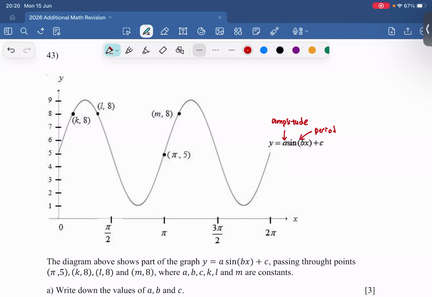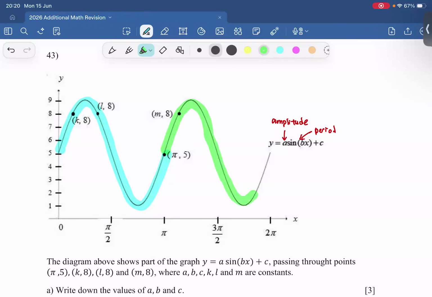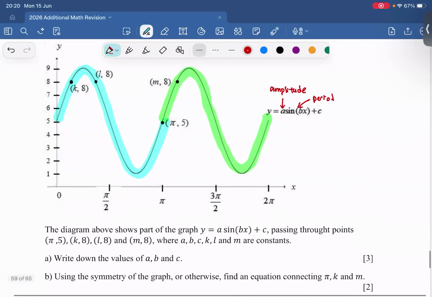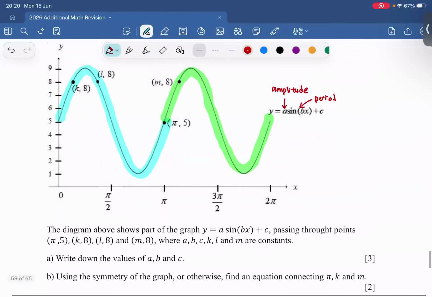So let's take a look where the period is first. Period is when one cycle is completed. So you can see this is the period. Then you can see this is the same pattern already. So your period in this question is pi.